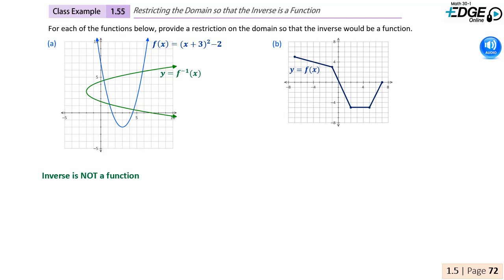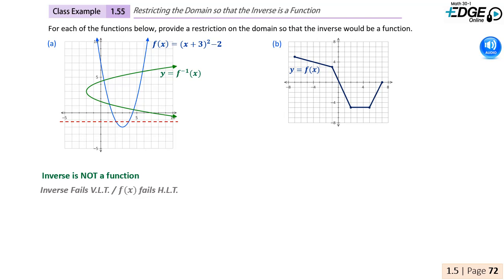However, if we graph its inverse, we can see that it is not a function. This is because the original fails the horizontal line test, and consequently, the inverse fails the vertical line test.